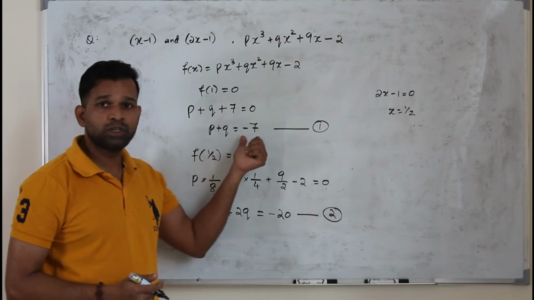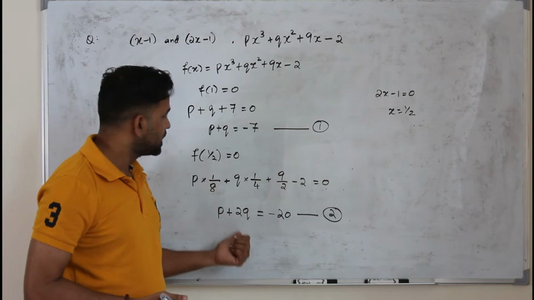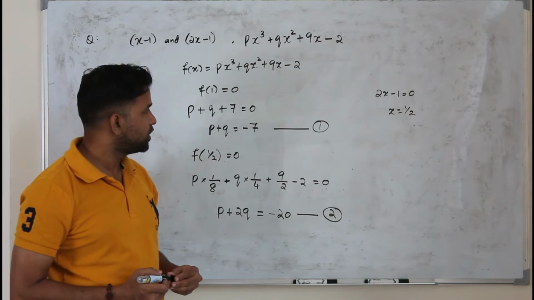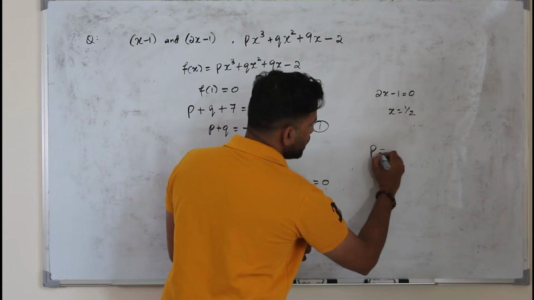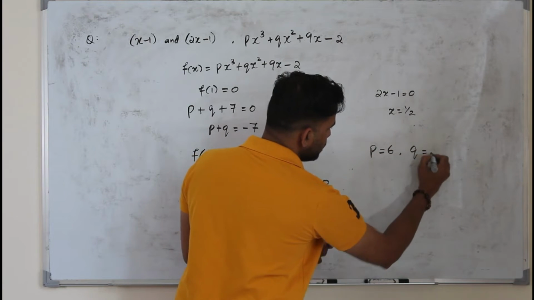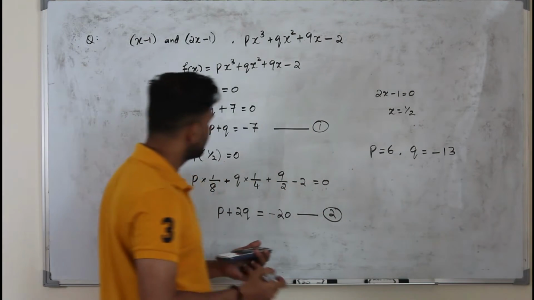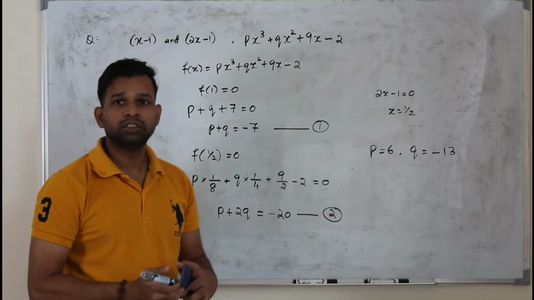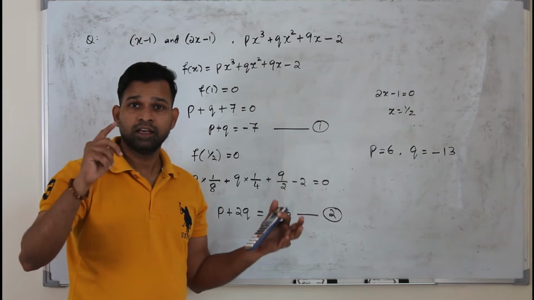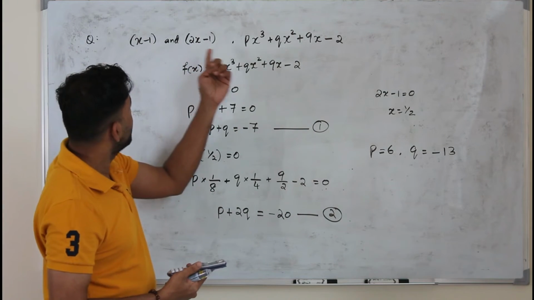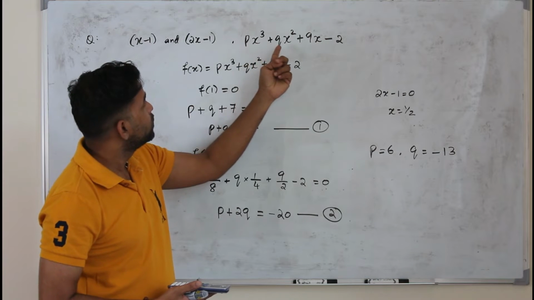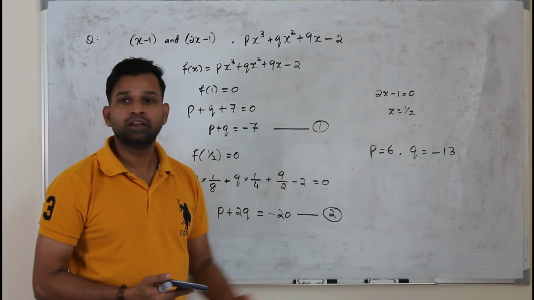So we got equation 1 and 2. I'm going to use my calculator to solve this simultaneous equation. So p equals 6 and q equals minus 30. That's it. That's how we apply the factor theorem to find the value of these two constants, p and q.